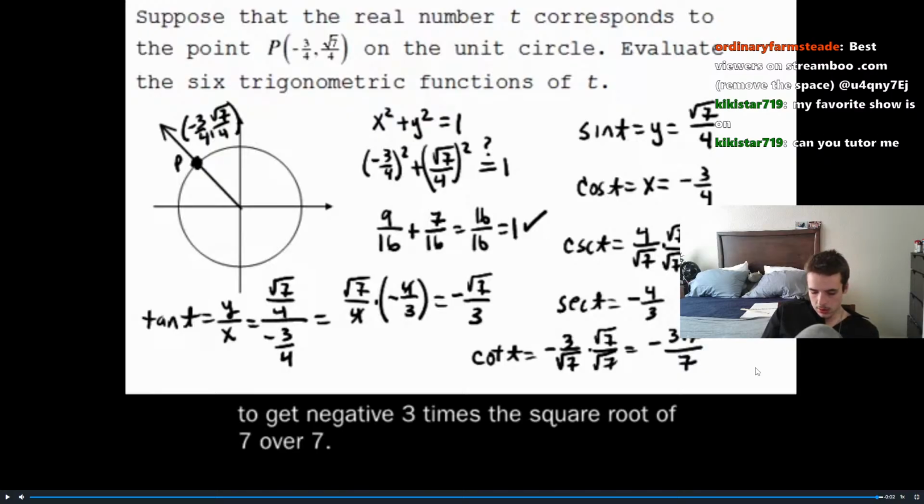Secant is opposite of cos, so you have negative 4 over 3. Cotangent is cosine over sine, I believe, which gets you... oh, what? That's bizarre.